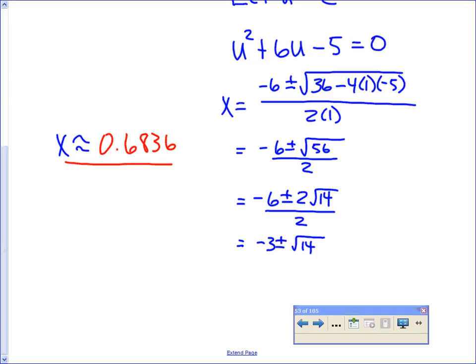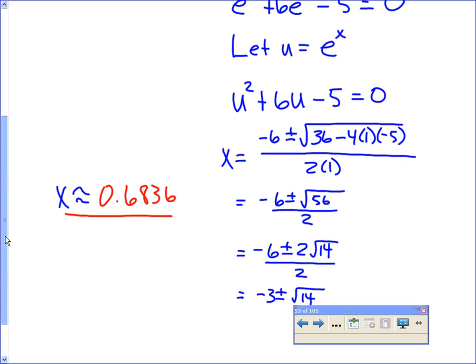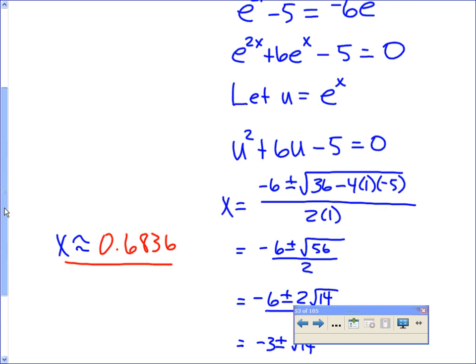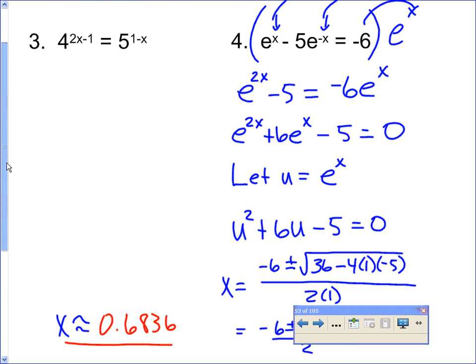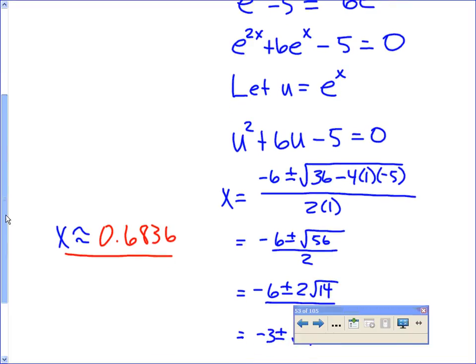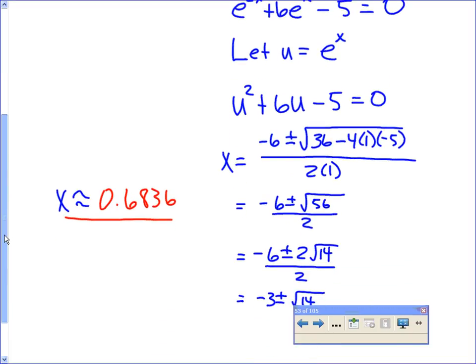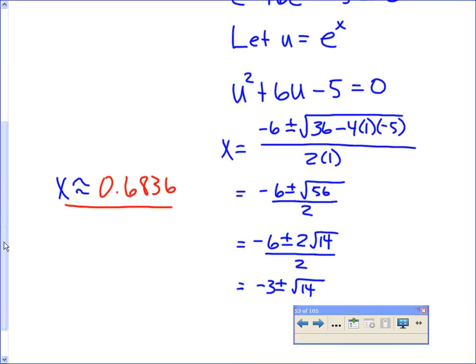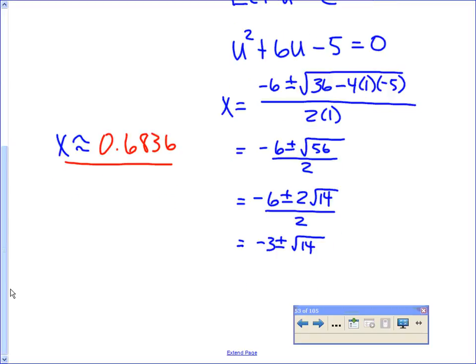Okay, so if you go back and look at the original, what this is going to produce is a negative number and a positive number. What we know is that e to the x must be positive. So let's see.